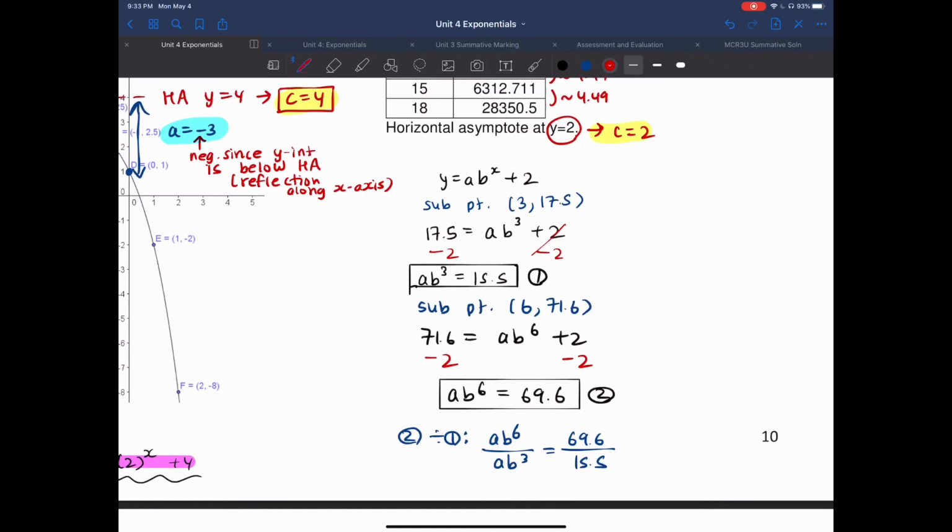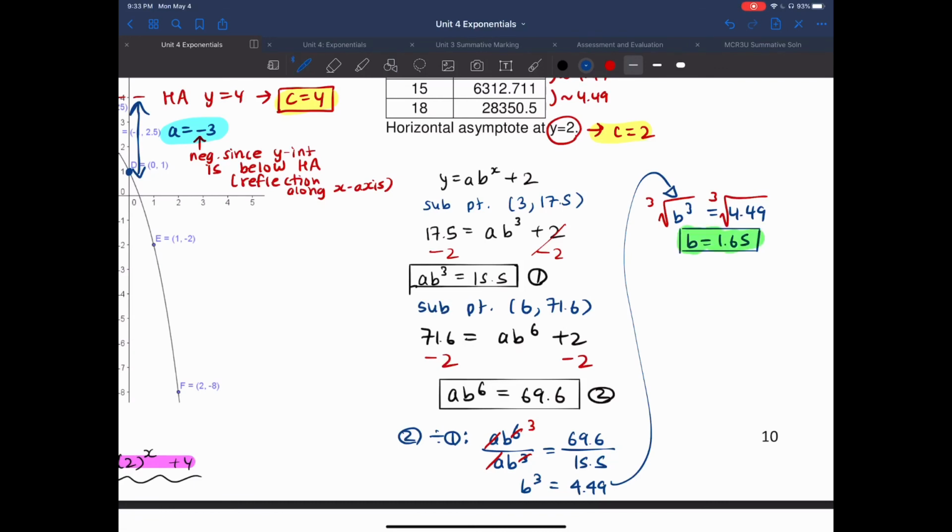That's going to get the A's to eliminate, and now I have B to the 3. And so B cubed is equal to approximately 4.49. I'm not done yet. I need to get B by itself, and I'm going to cube root both sides to get B by itself. And B is equal to 1.65.